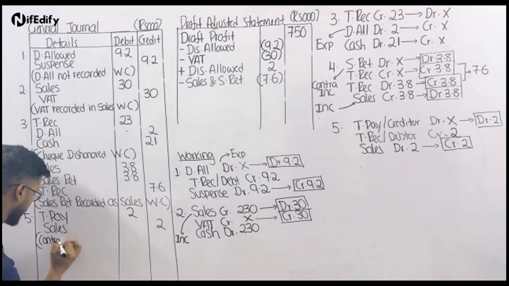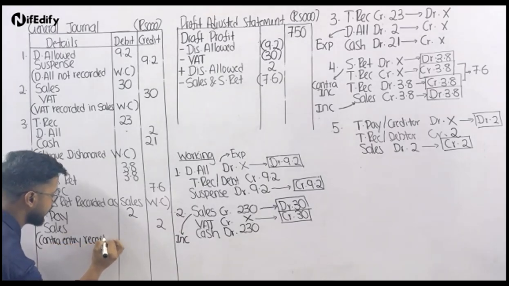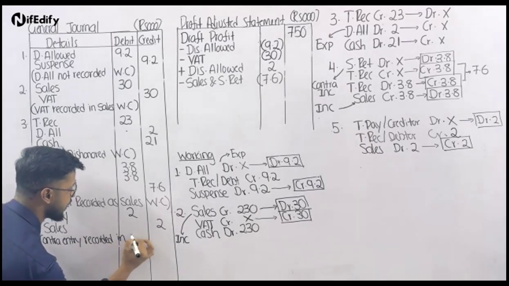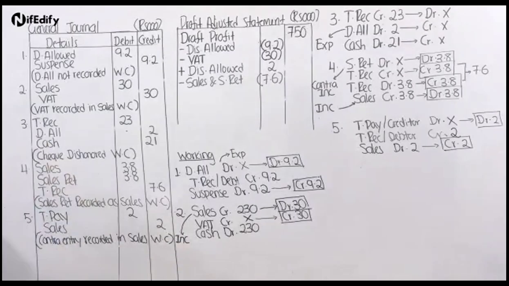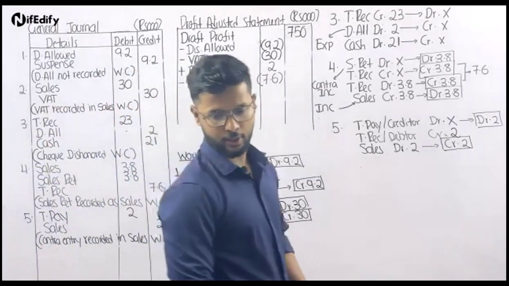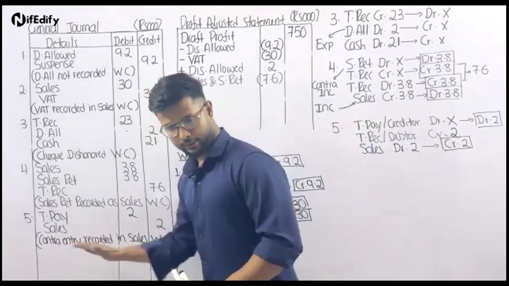Contra entry recorded in sales was corrected. There you go. That's the journal entry to correct the last adjustment we got.